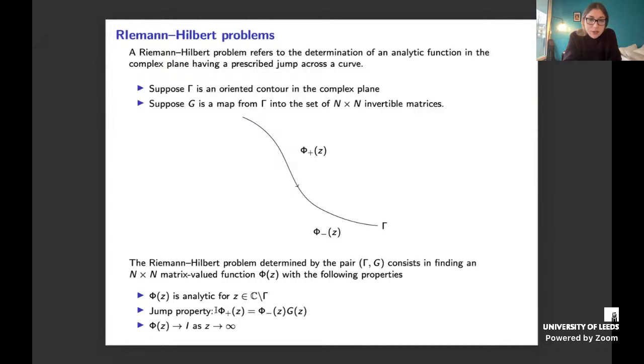This is called the jump property for z belonging to the curve gamma. And then you need an asymptotic condition. In most cases, the asymptotic condition will be that at infinity, phi will approach the identity matrix.